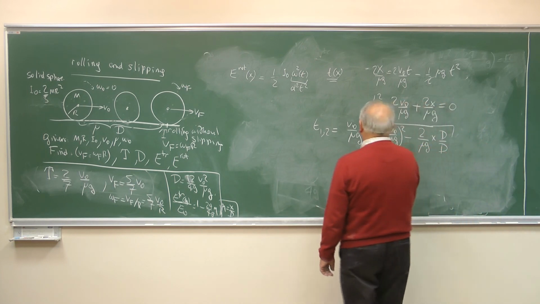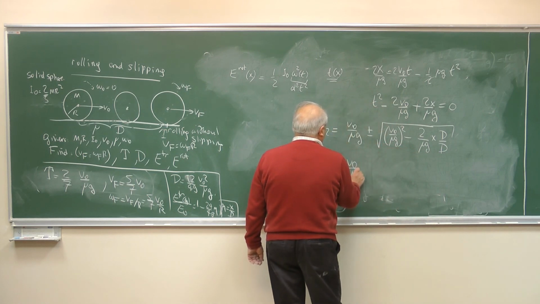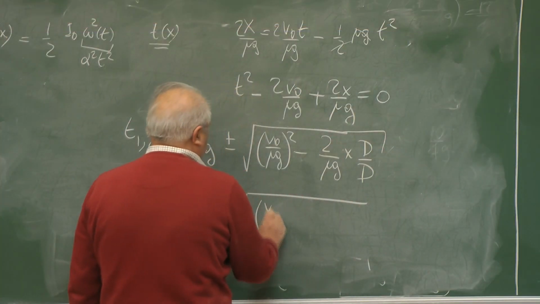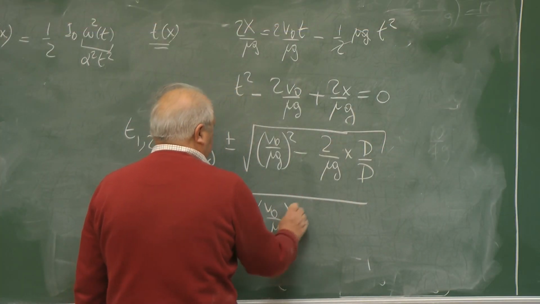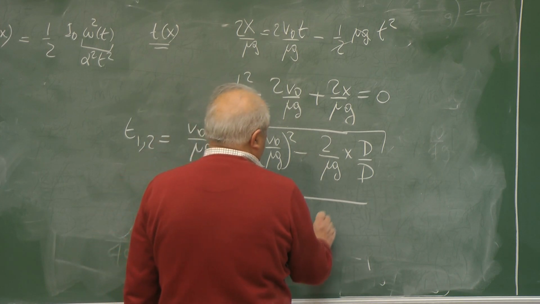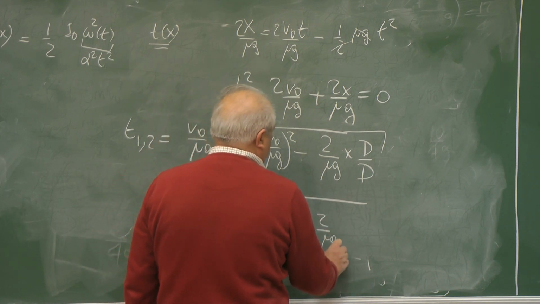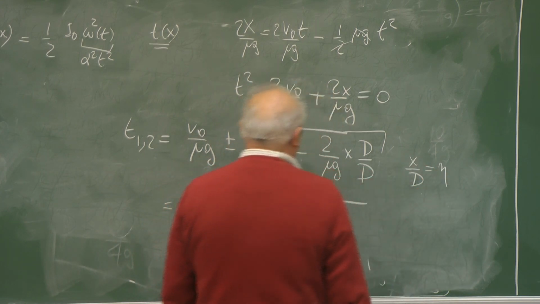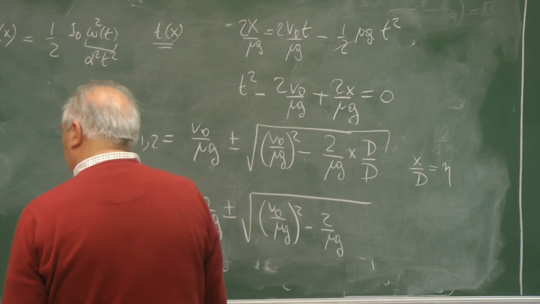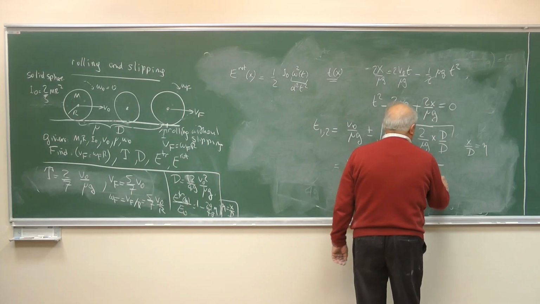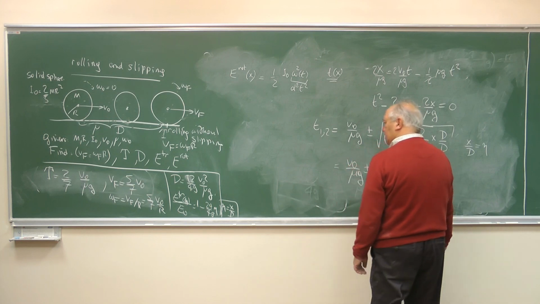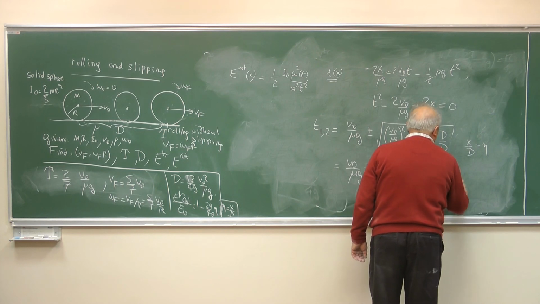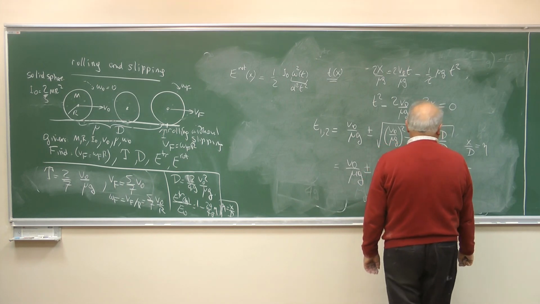So this is v0 over mu g plus or minus root of v0 over mu g squared minus 2 mu g, x over d is eta, and I write d. d is 12 over 49 v0 squared over mu g, times eta.